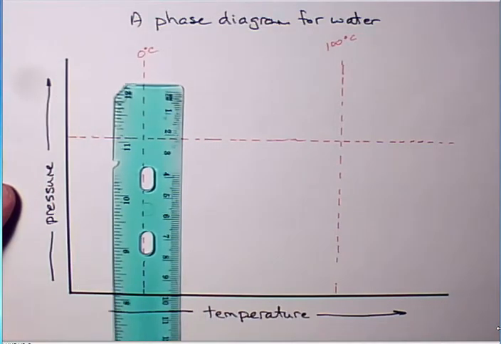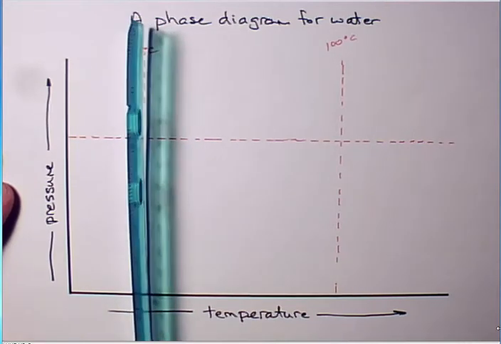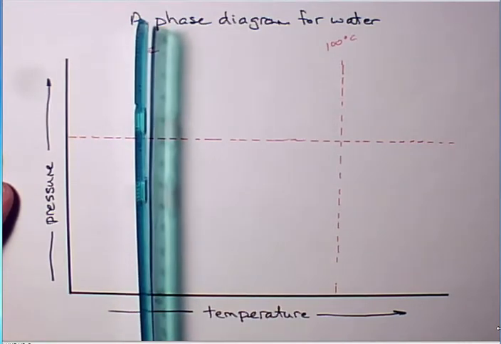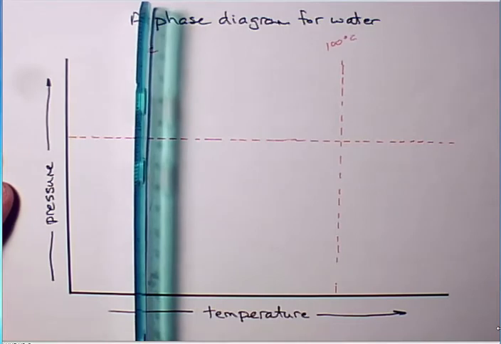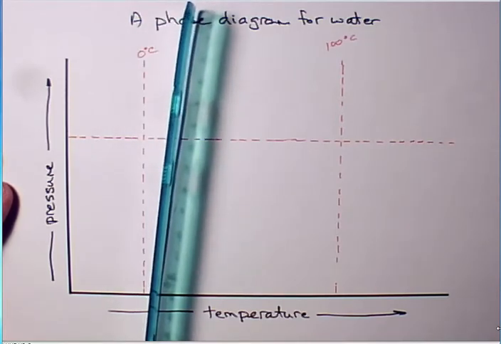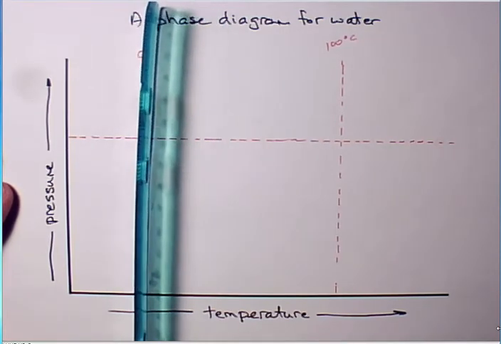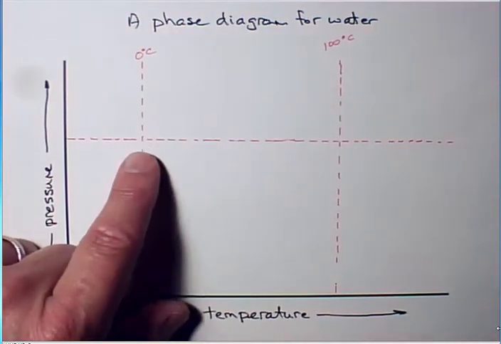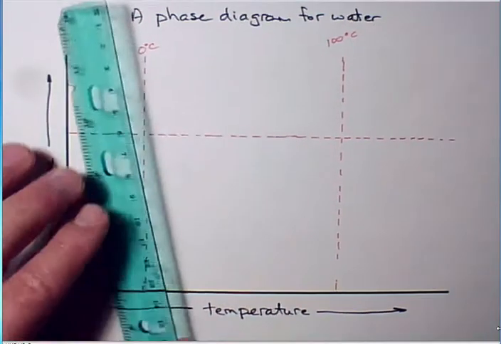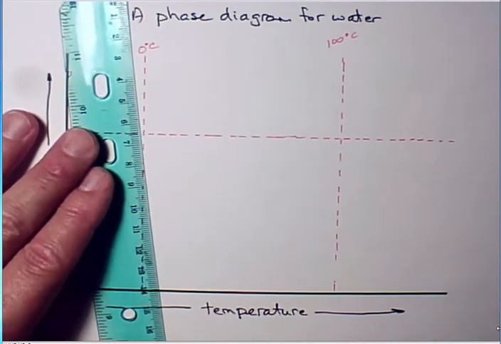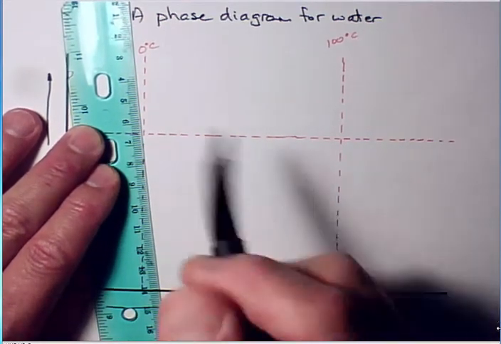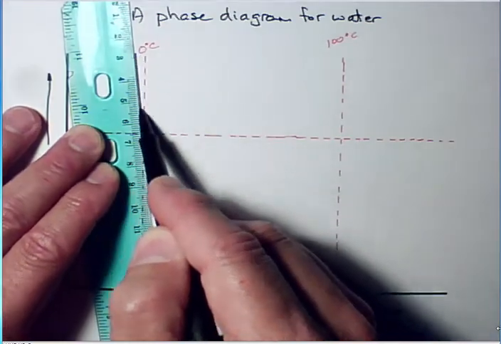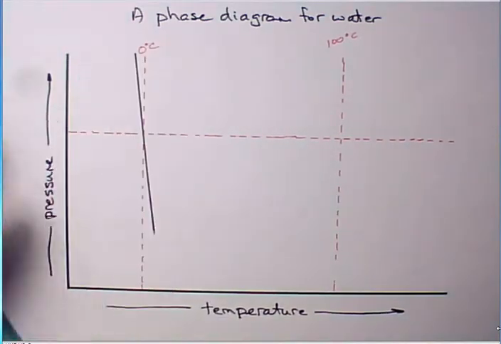Now, the key and important thing that's different about water is that water's phase boundary doesn't lean forward. It doesn't have a positive slope. It has a negative slope. Okay? But it does intersect right here. Water has a solid liquid phase boundary that leans back.